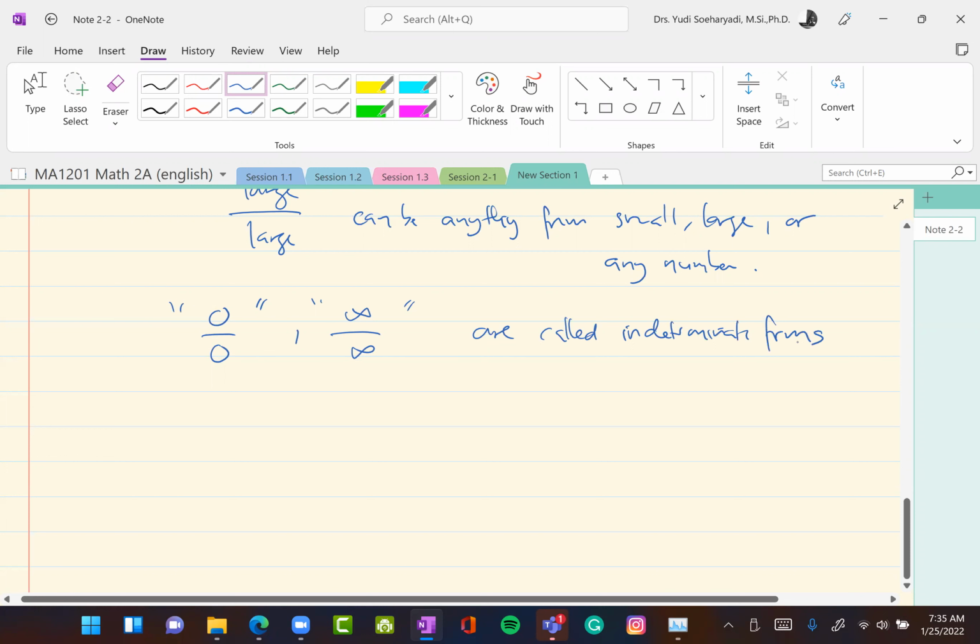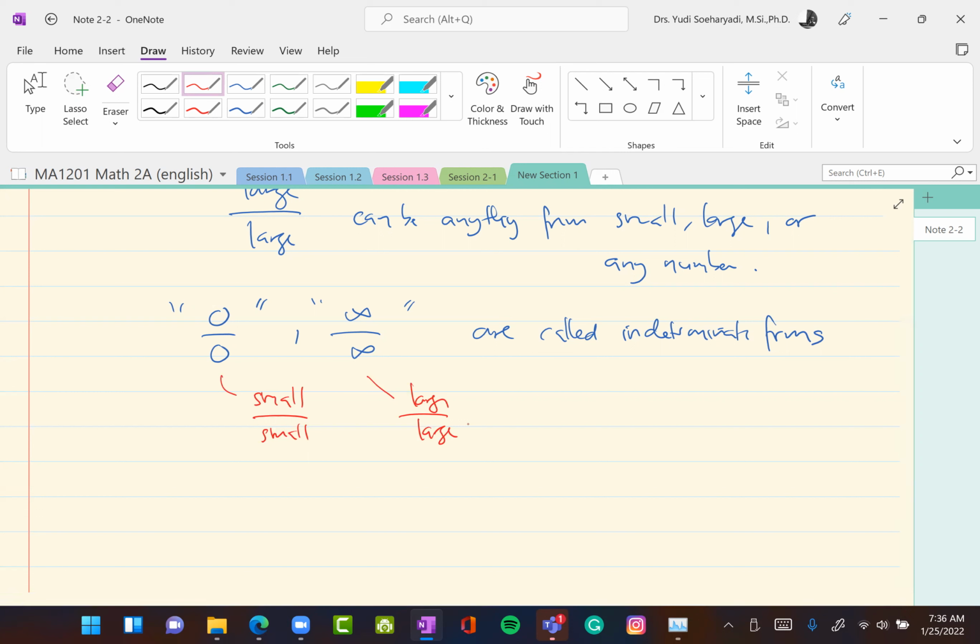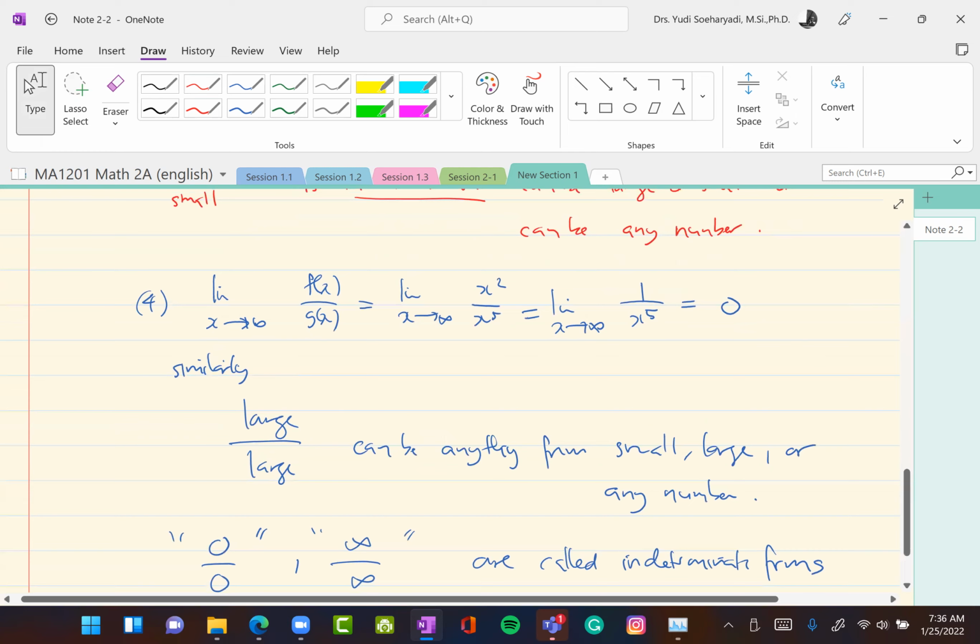Okay, so this is called the small over small. This one is large over large. So that means small over small, we are uncertain. Can be small, can be large, or can be anything. Similar with the large. Okay, so this is the main idea.